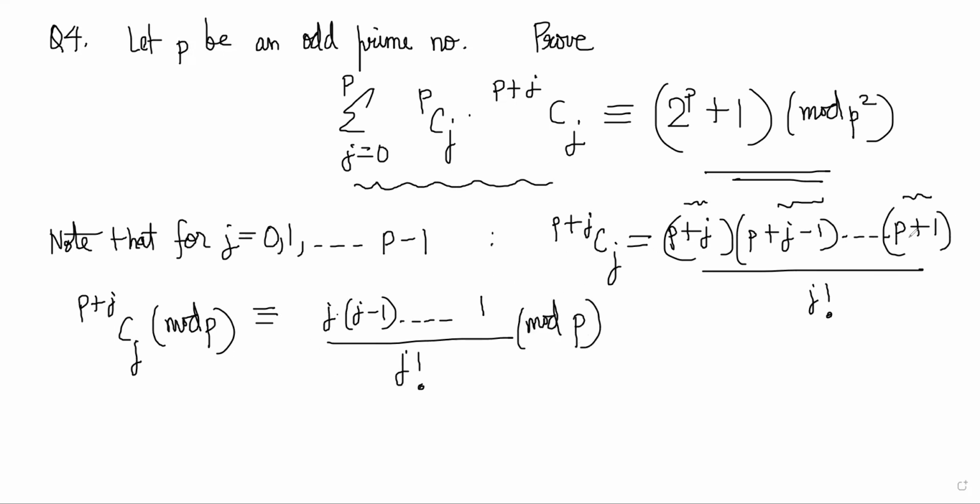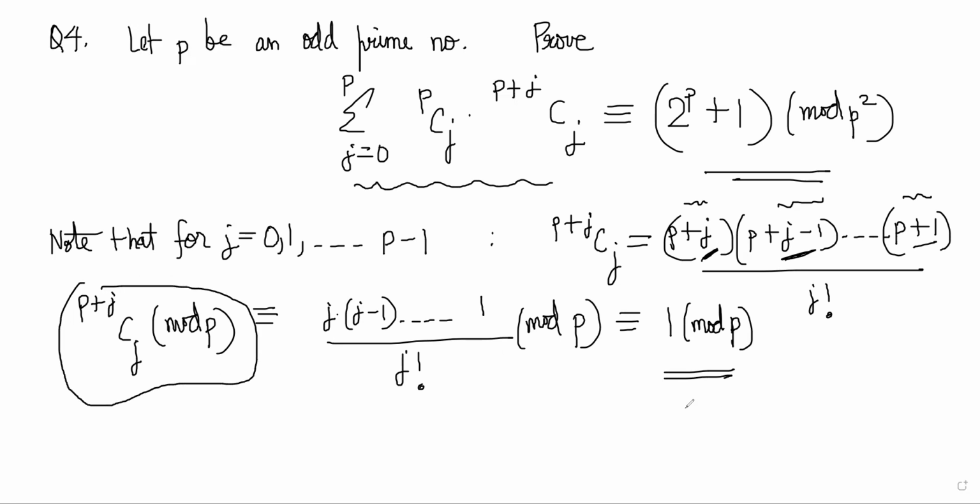You take modulus on both sides, you are going to end up with j minus 1 and so on, right? This is what we are getting, which is congruent to 1 mod p. So you're getting (p+j)Cj mod p is congruent to 1 mod p, right?